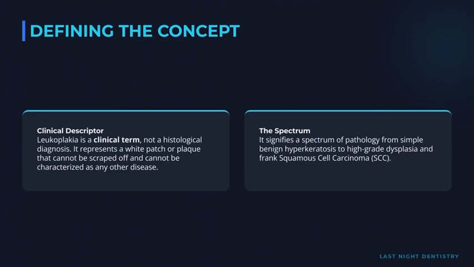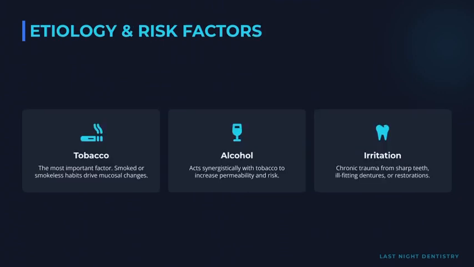So, moving forward towards the etiology or risk factors. Now, let's talk about causes. The strongest and most important association is tobacco, whether smoking cigarettes, bidi, cigars, or chewing tobacco. Then alcohol further increases the risk, and when tobacco and alcohol are combined, the malignant potential rises even more.